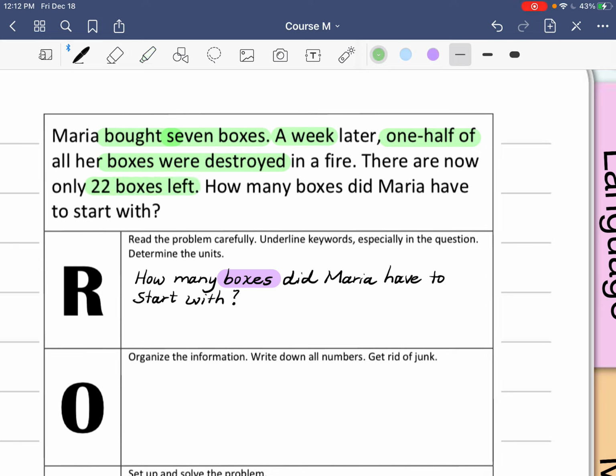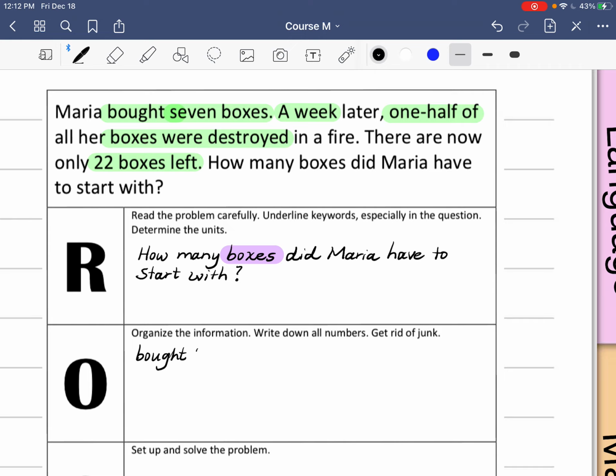We know that she bought 7 boxes. We know that 1 week passed, and that 1/2 of all her boxes were destroyed. I'm going to shorten that and just say gone. And we know that she has 22 boxes left.